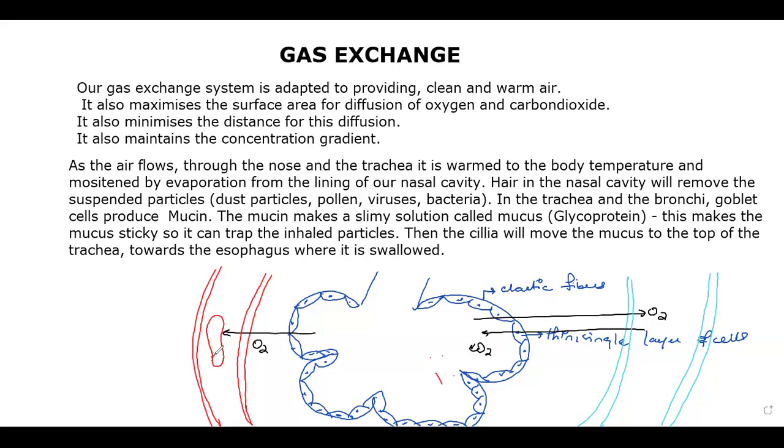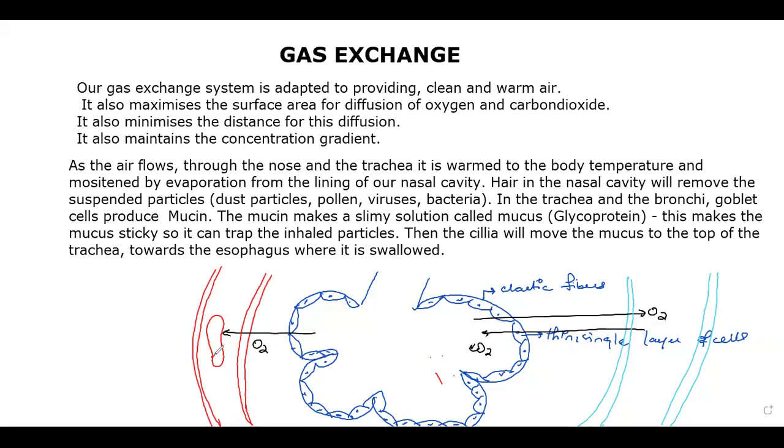Then another feature that they have is that they are extensively surrounded by what? A network of capillaries. They are surrounded by so many capillaries. Why? To allow for a large surface area.